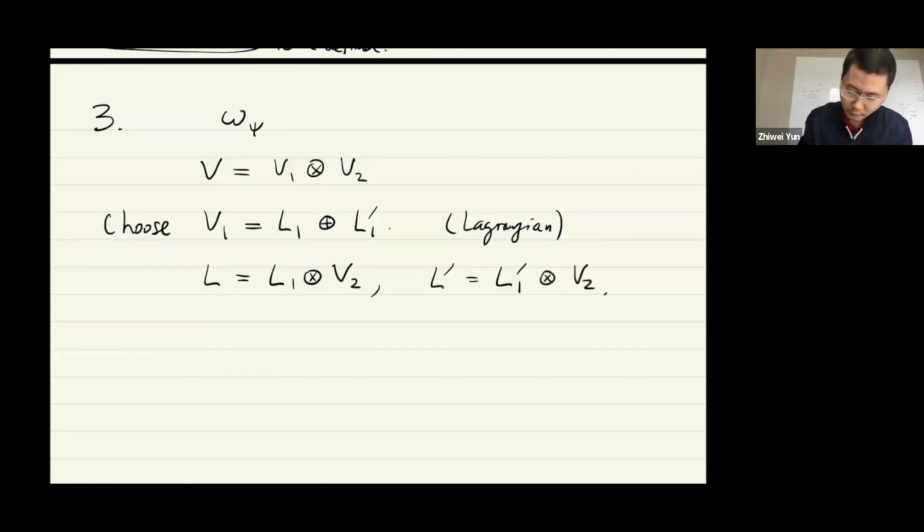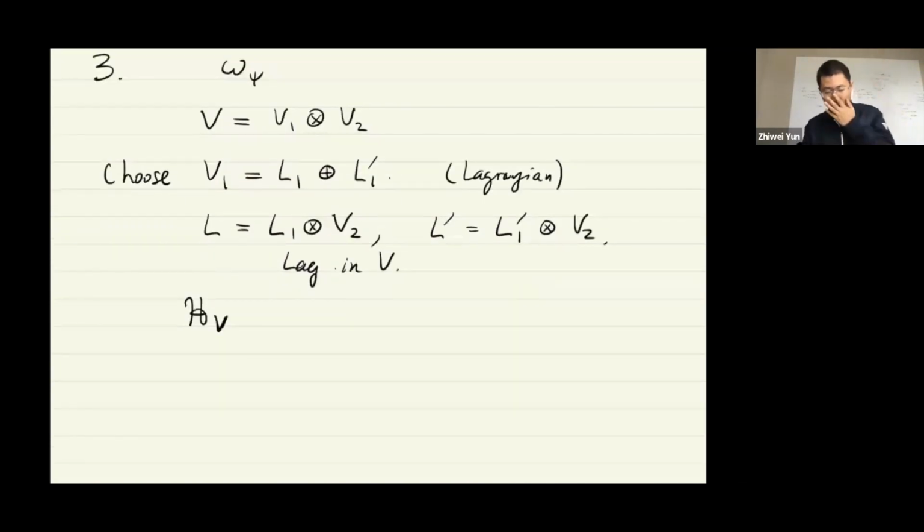Okay. These are Lagrangians in V, and the underlying vector space of the Weil representation can be identified with functions on L prime.